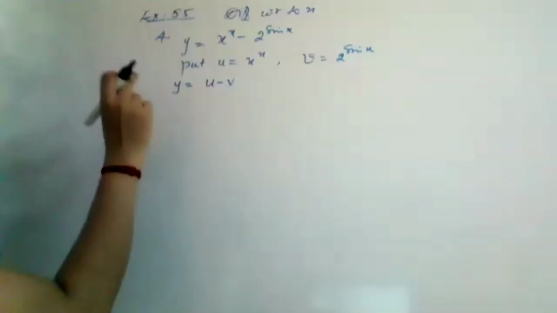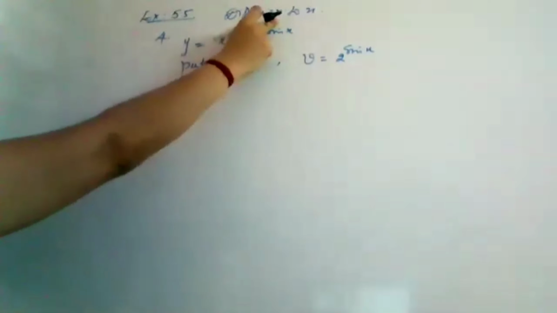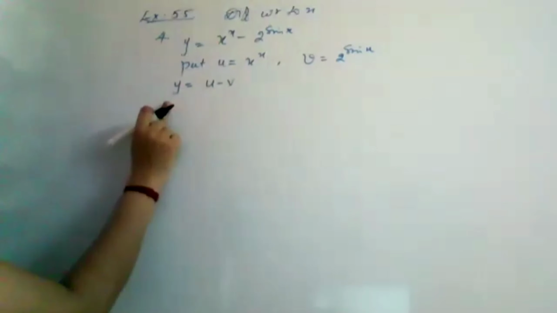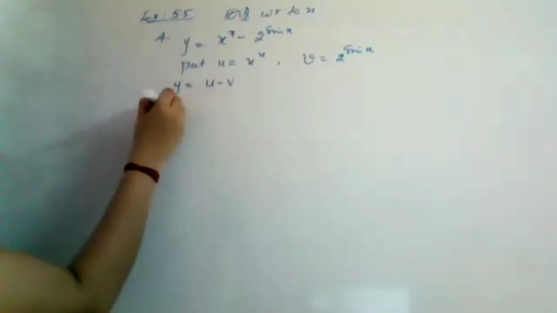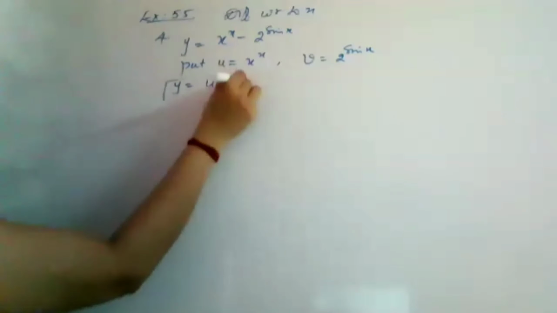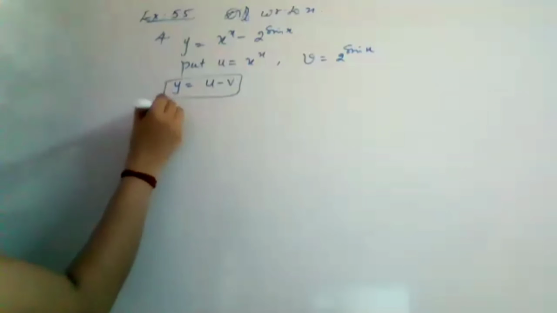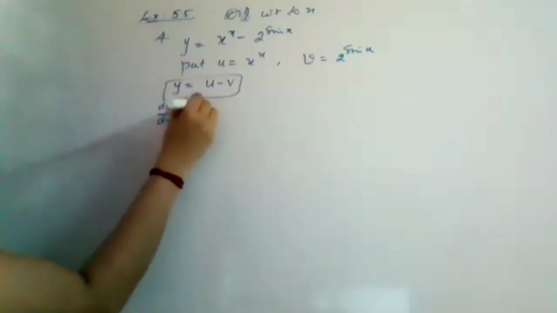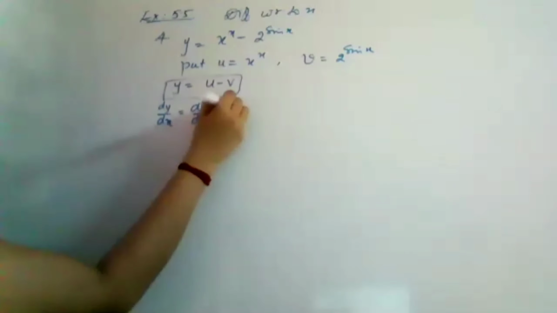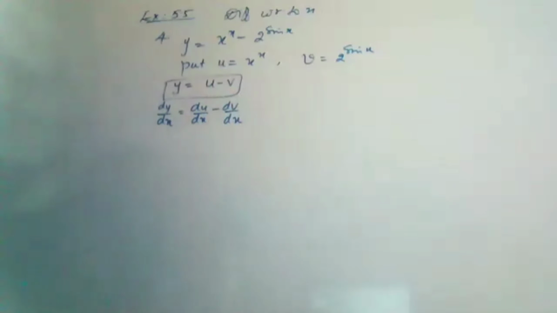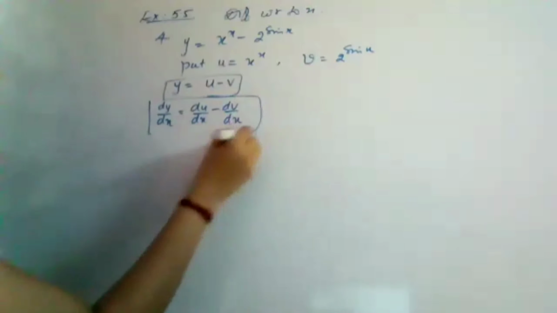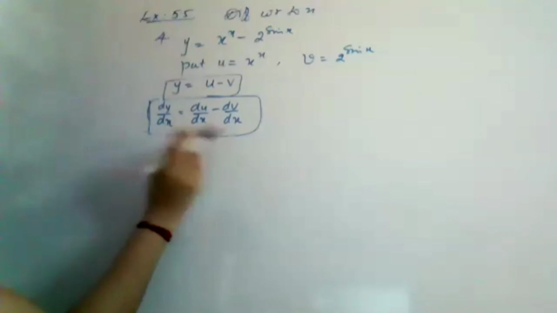Because in the question you are asked to find dy by dx. So if y is this, differentiating both sides you will get dy by dx is equal to du by dx minus dv by dx, right? Dy by dx will be your answer.